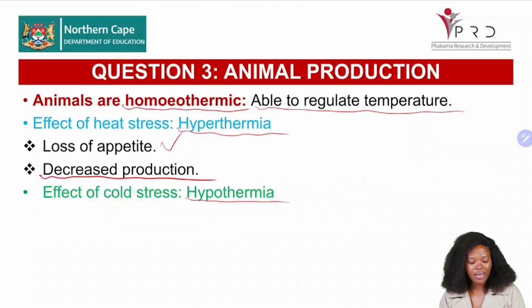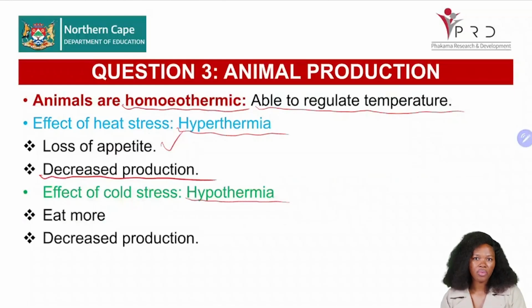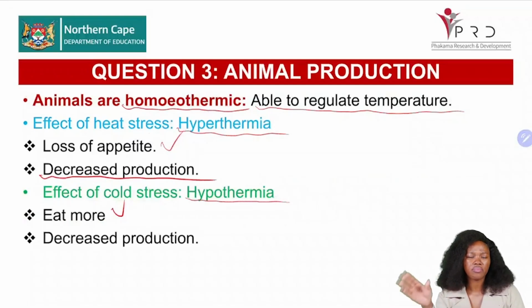Now, when facing hypothermia, where the body temperature is lower than normal, the farm animals will tend to eat more and consume more feed, and at the end of the day, more nutrients will go towards temperature regulation and less towards production. So very little product will be produced when animals are faced with cold stress or hypothermia.